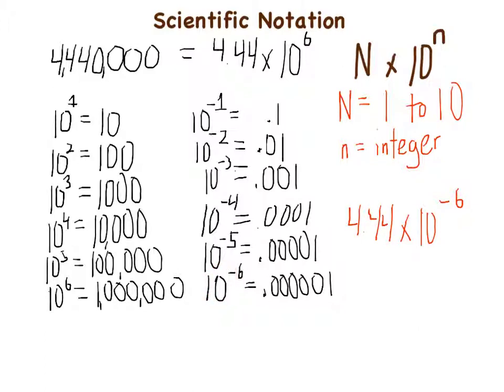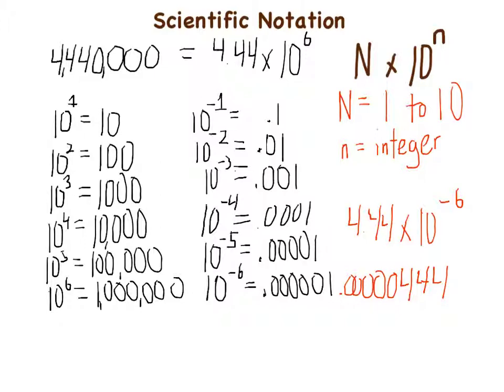The negative 6 is basically equivalent to 0.000001. So 4.44 times 10 to the negative 6, that's going to equal... well, almost didn't have enough room.